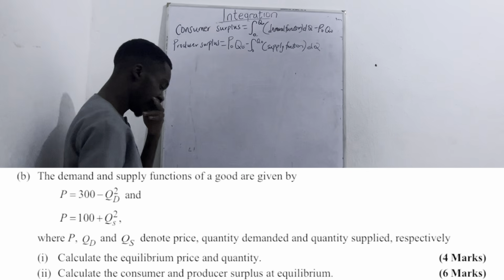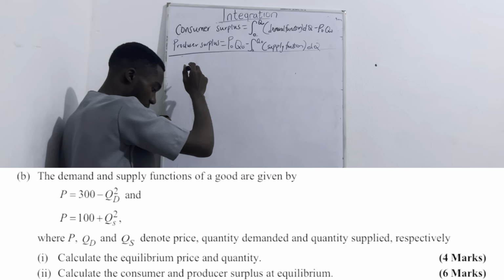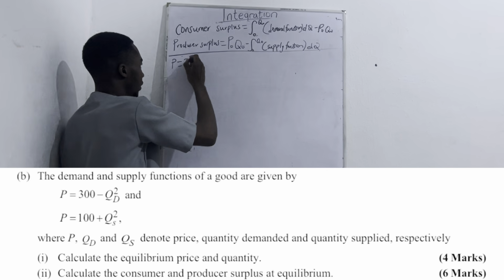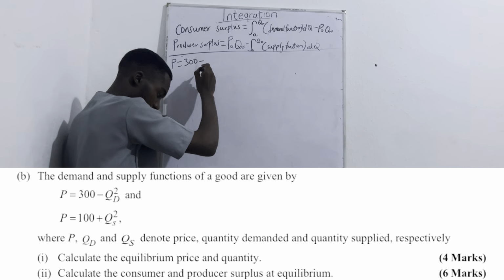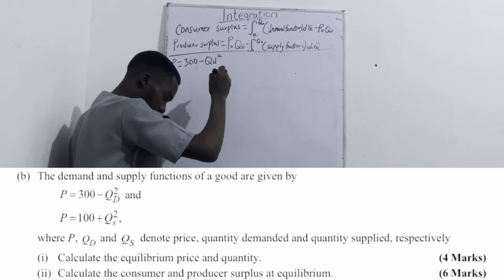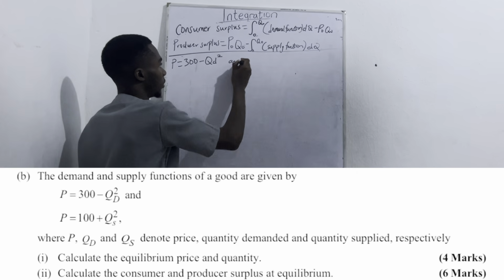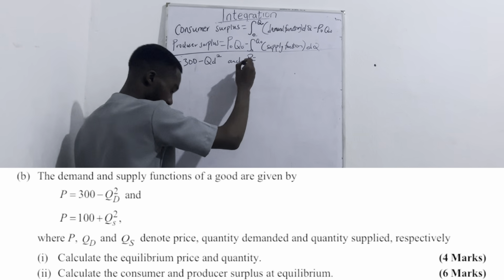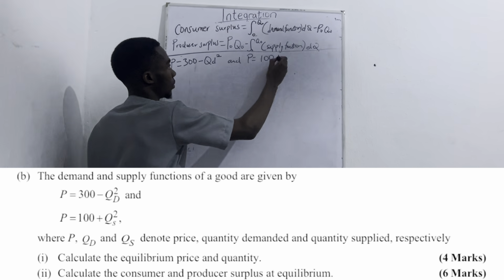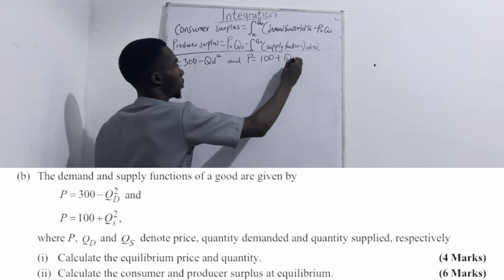All right, so we've been given a demand and supply function in the question. So you see the demand and supply functions are given by P is equal to 300 minus QD squared, and P is equal to 100 plus QS squared.